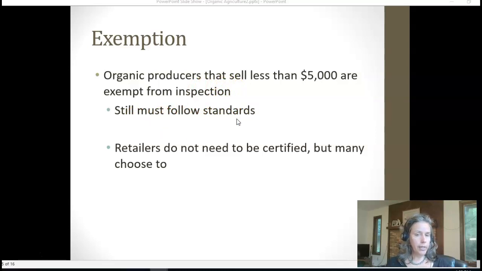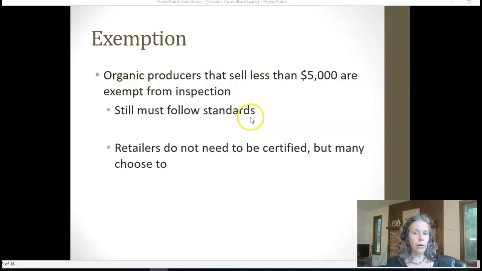So we can't say that our produce from the SD garden is organic unless you know for sure that the seeds that you use, potting mix, that everything is within the organic standards. So you have to know the standards if you want to call yourself organic, and you have to follow the standards, and you have to actually write out your narrative, your organic system plan, about how you produce your crops.